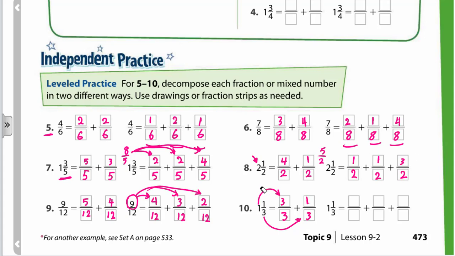Okay, any problems? Now, how many thirds do you have in all? 3/3 plus 1/3 equals how many thirds? 3 plus 1 equals 4. So we have 4/3.